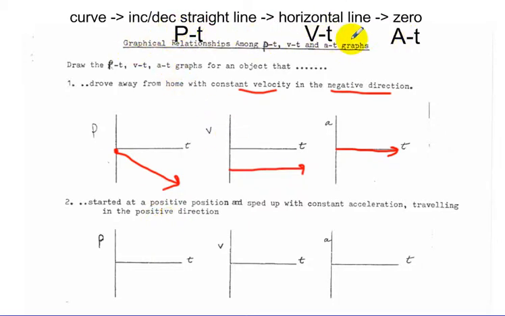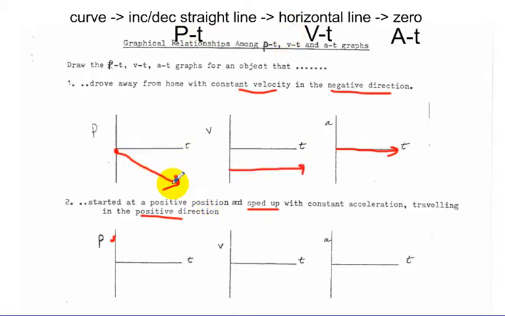We figure out where our graphs fall, and that gives us an indication as to how these work. If we look at the next one here, it starts in a positive position, so I'll mark that, and speeds up with constant acceleration in the positive direction. So we're speeding up, we're not going at a constant velocity.